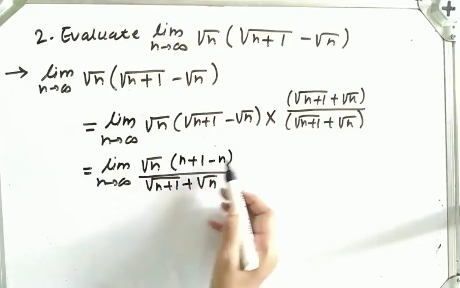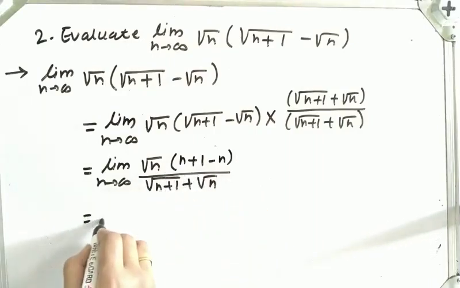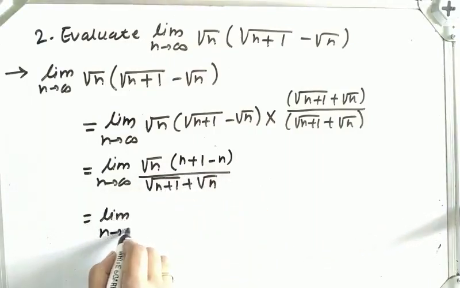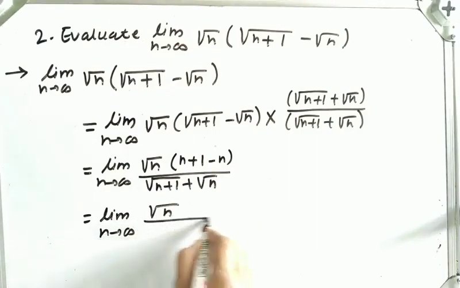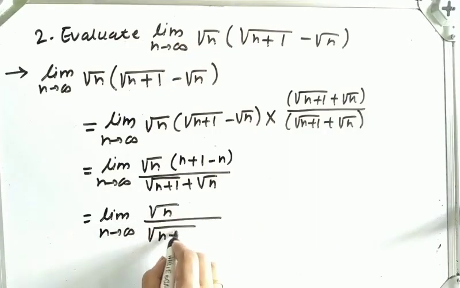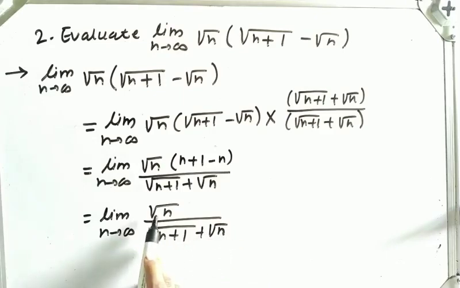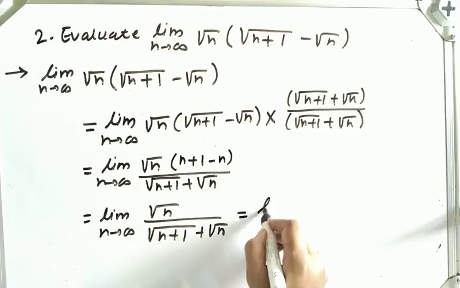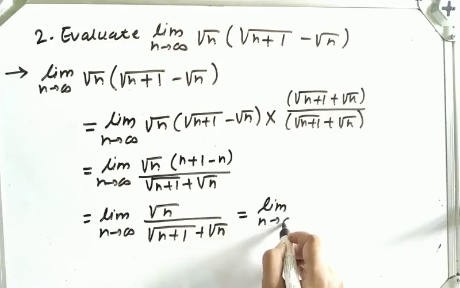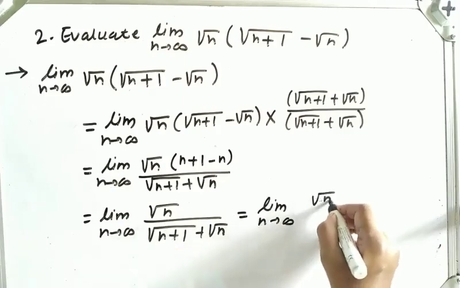Okay. So n will get cancelled. Here will be only limit n tends to infinity root n upon square root of n plus 1 plus root n. Now which is the highest power of n? 1/2, meaning square root is the highest power in both numerator and denominator. So what will we do? We will take root n common, this root n as it is.